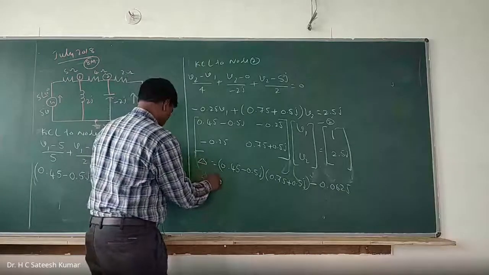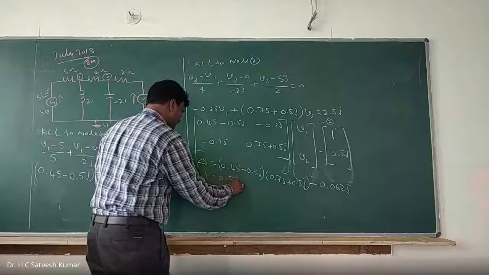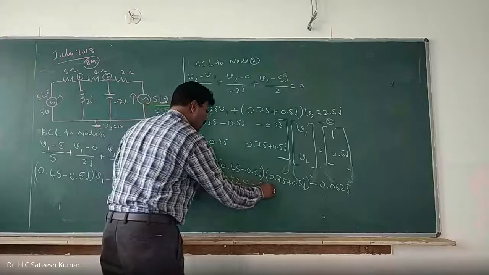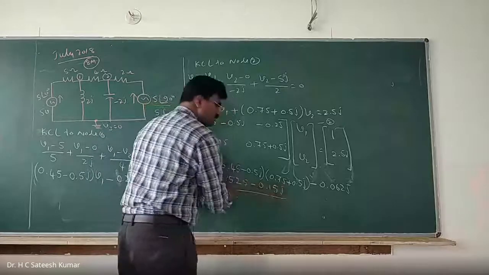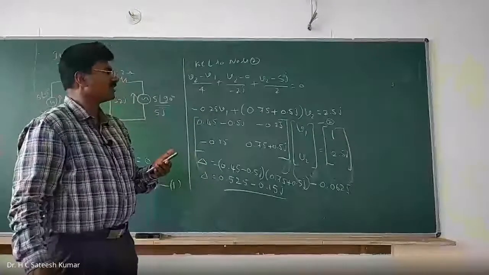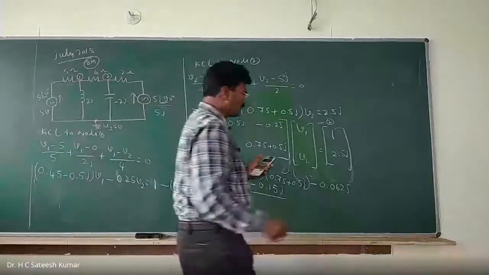Delta is 0.525 minus 0.15J. Students, please check it. If any mistake is there in calculation, please check it out.